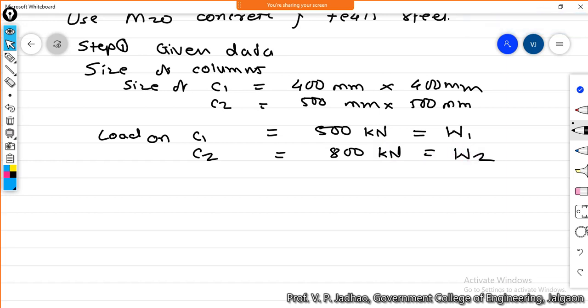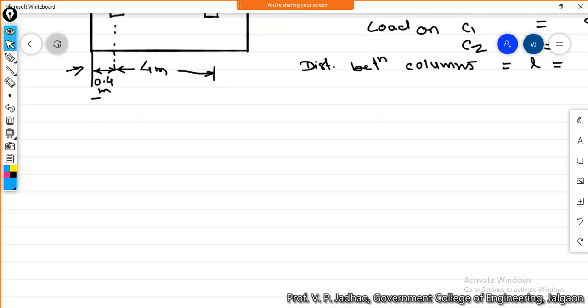Again, some data is given, that is the distance between two columns. Let us consider this as small l. This is given as 4 meter. Again, we consider this projection as A1, and this is given as 0.4 meter.